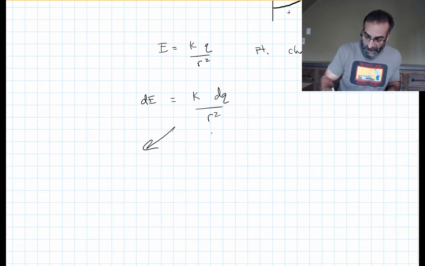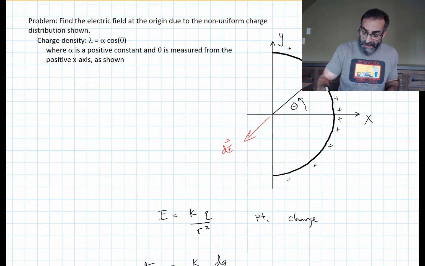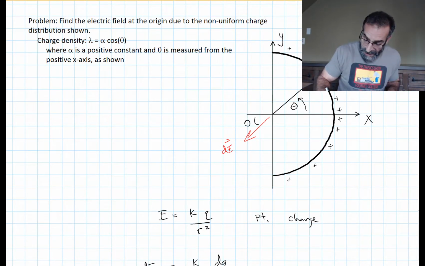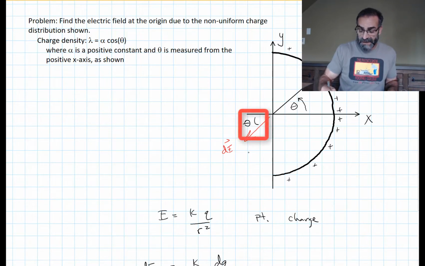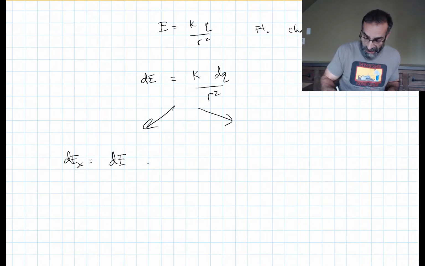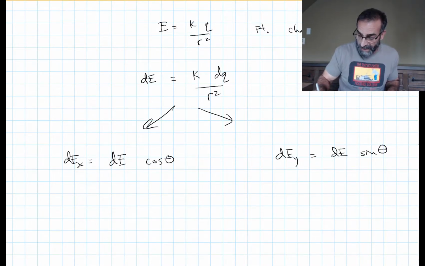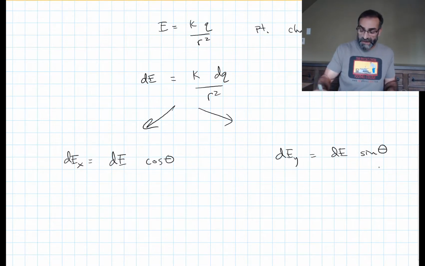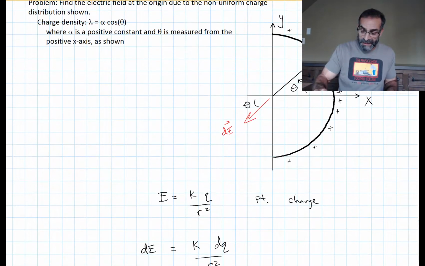And we want to find the x and y components. And we're told theta is being measured from the x-axis, so we'll use that. That means that this angle is also theta. And so the x component is going to have a cosine theta in it, and the y component is going to be sine theta.